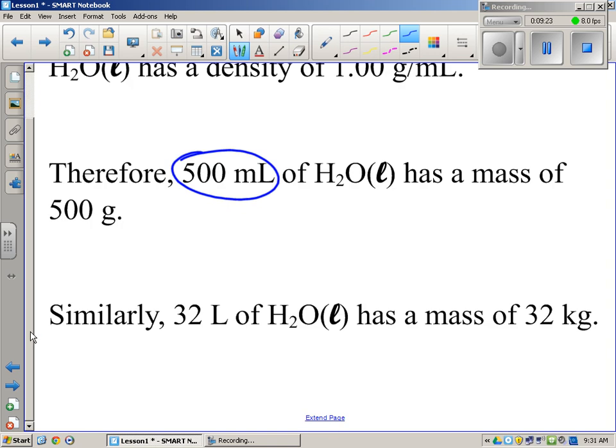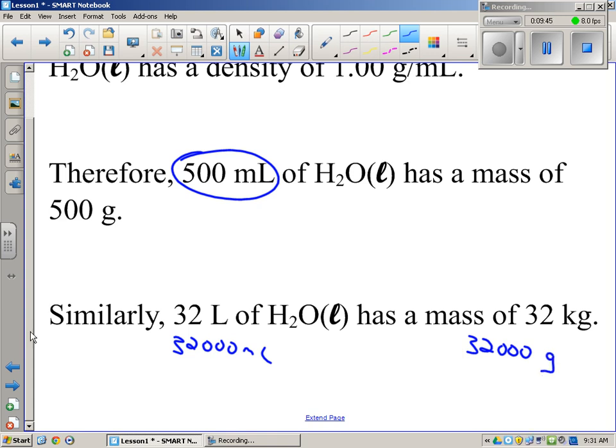Likewise, if we're talking about milliliters, we could also talk about liters. If we're talking about liters, 32 liters is really 32,000 milliliters. Well, 32,000 milliliters would be 32,000 grams.